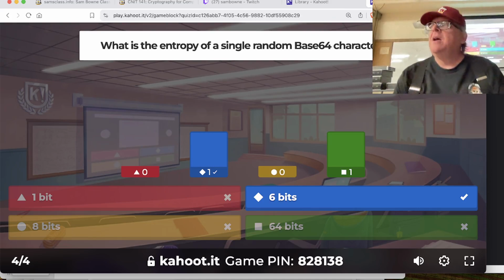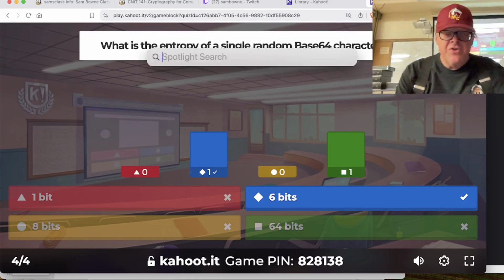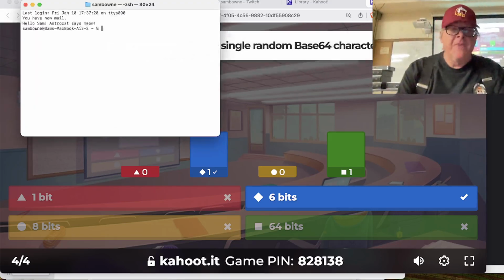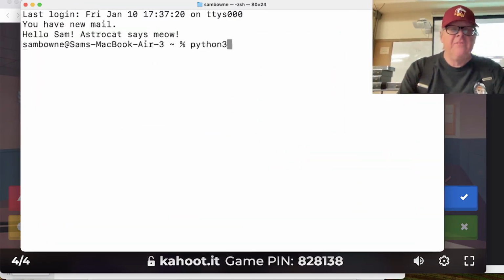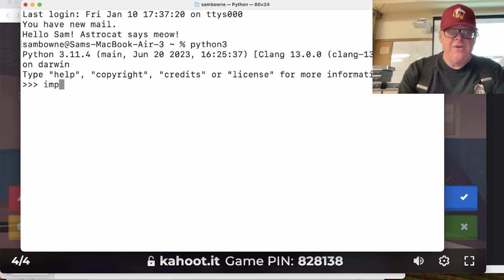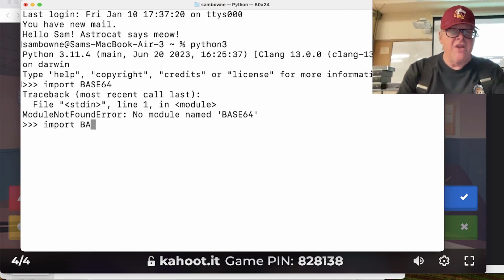Can you repeat this? Yeah, so if you encode things at base, let me just do it in Python actually. Let's go terminal. All right, and let's go here, Python 3. All right, if I import base64, okay, lowercase, base.